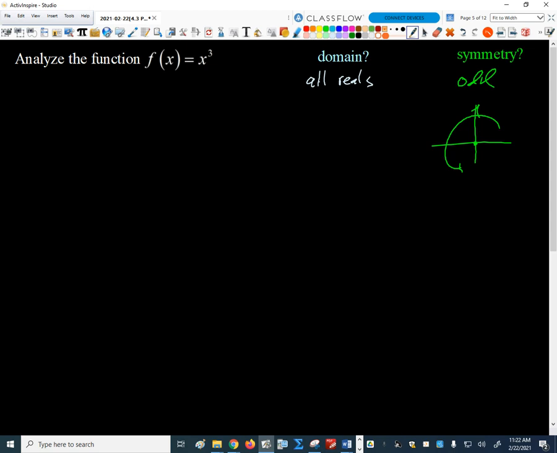So let's differentiate this. We all know that our first derivative is going to be 3x squared, and our second derivative is going to be 6x. And those both have zeros at x equals 0.